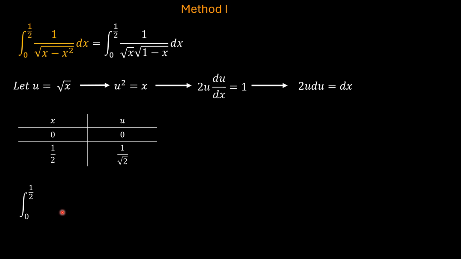So from the x domain, we have 1 over the square root of x times the square root of 1 minus x. That transforms into an integral in the u domain from u equals 0 to u equals 1 over square root of 2 of, in the numerator, in place of dx we have 2u du, and then in place of square root of x we have u times the square root of 1 minus u squared.